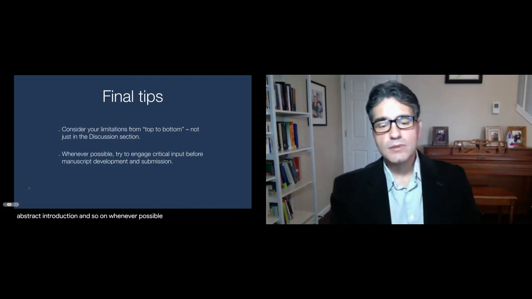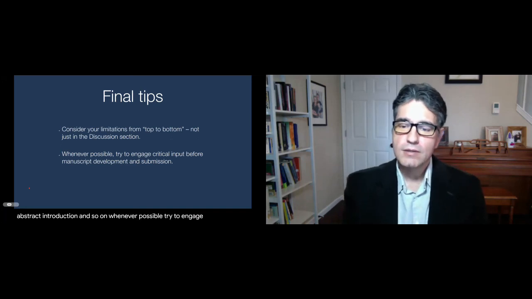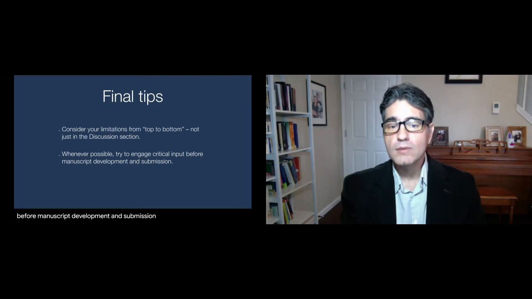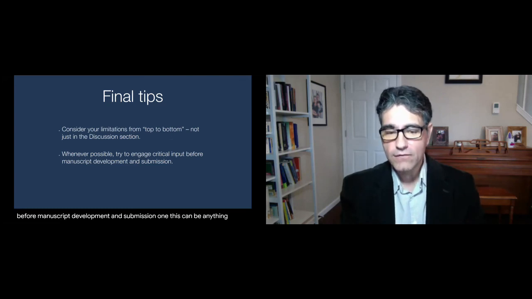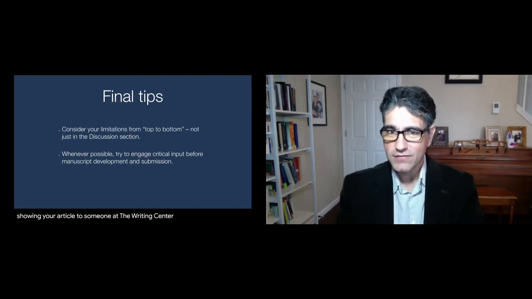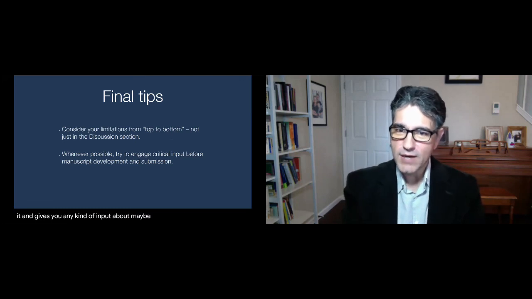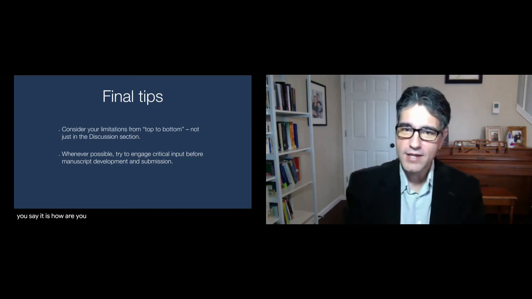Whenever possible, try to engage critical input before manuscript development and submission. This can be anything from showing your article to someone at the writing center, for example, who looks at it and gives you input about maybe you should be careful with how you say this or that.